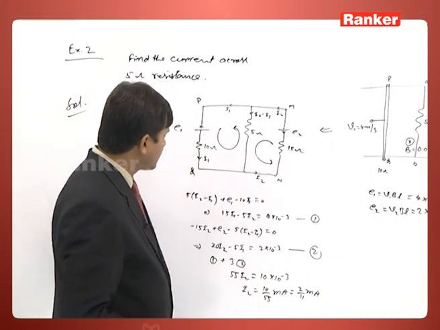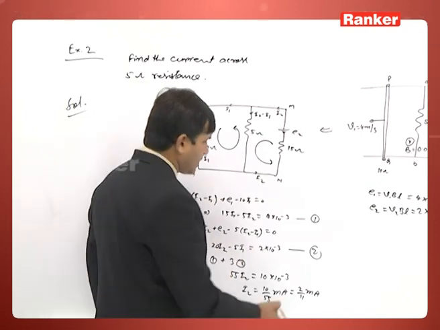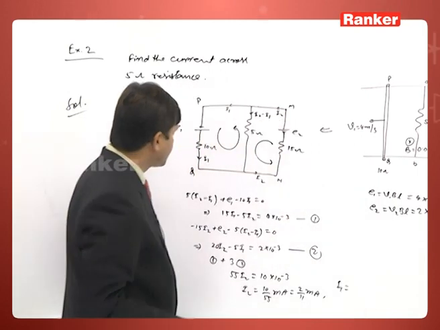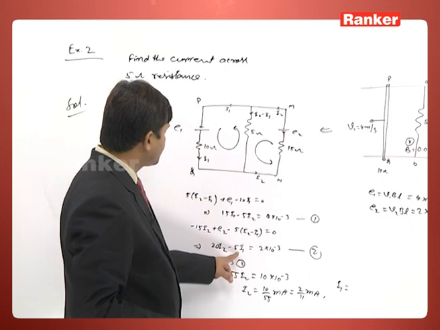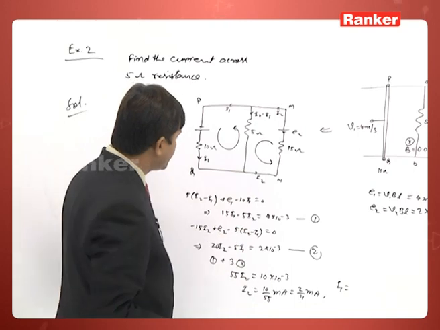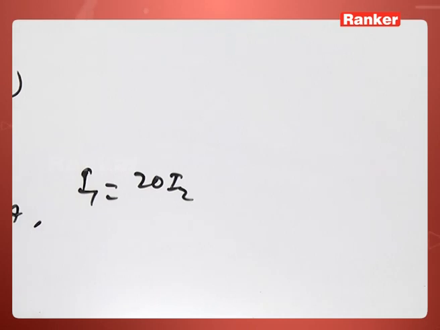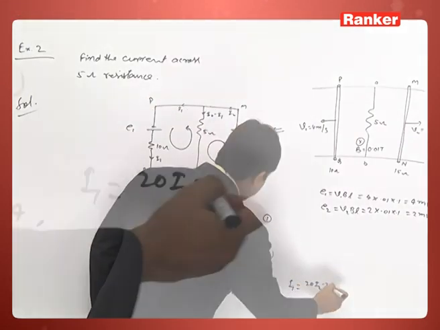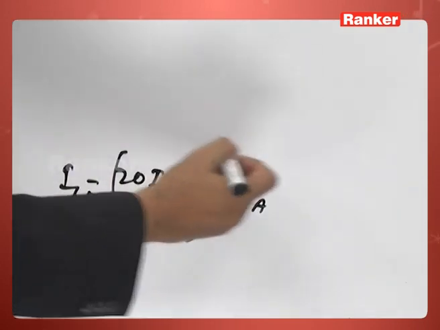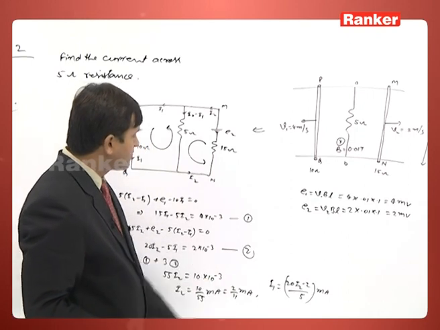Now we can substitute the value of I2 into either equation. Looking at I1, it can be said as 20 I2 minus 2 by 5 milliampere, and with the I2 value, 20 I2 means 40 by 11.